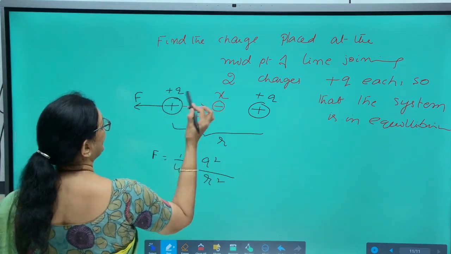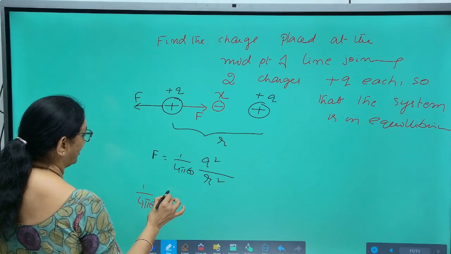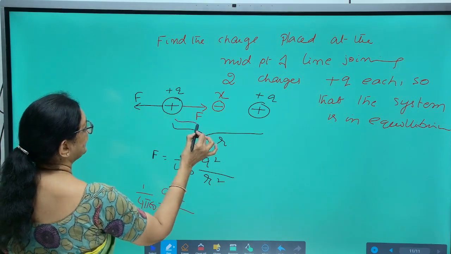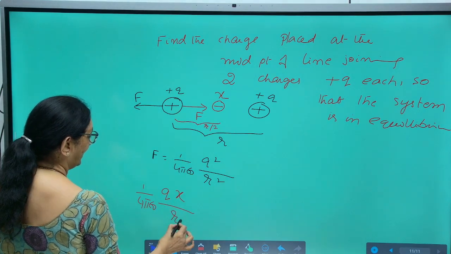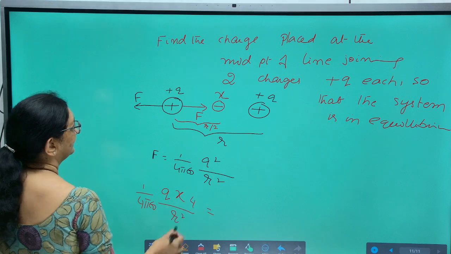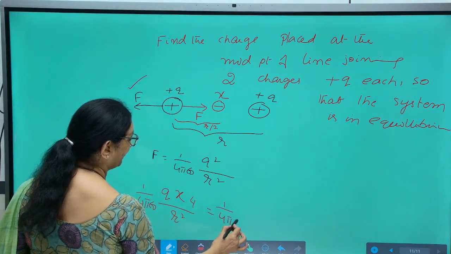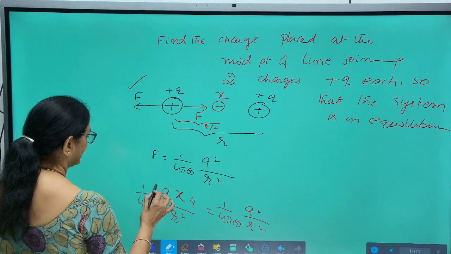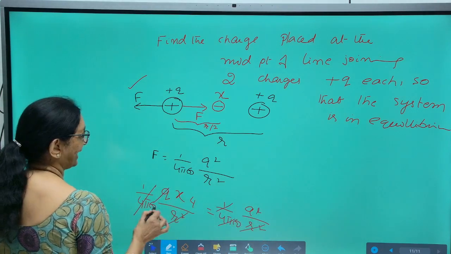So, the force between these two charges becomes 1 by 4 pi epsilon naught q into x by this distance, as this is the midpoint, this distance becomes r by 2, r square by 4, that should balance this force, that is 1 by 4 pi epsilon naught q square by r square. So, 1 by 4 pi epsilon naught q by r square gets cancelled.